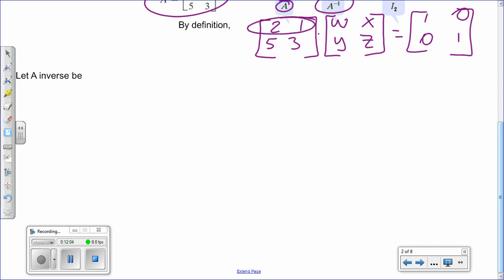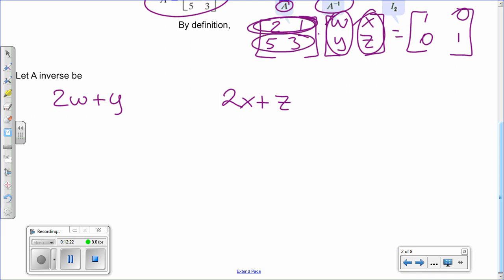I'm going to multiply first row, first column, so that will be 2W plus 1Y. And then I multiply first row times second column, so that will be 2X plus Z. Then I move on to this one here. So that's going to be 5W plus 3Y. And the other one will be 5X plus 3Z, right?